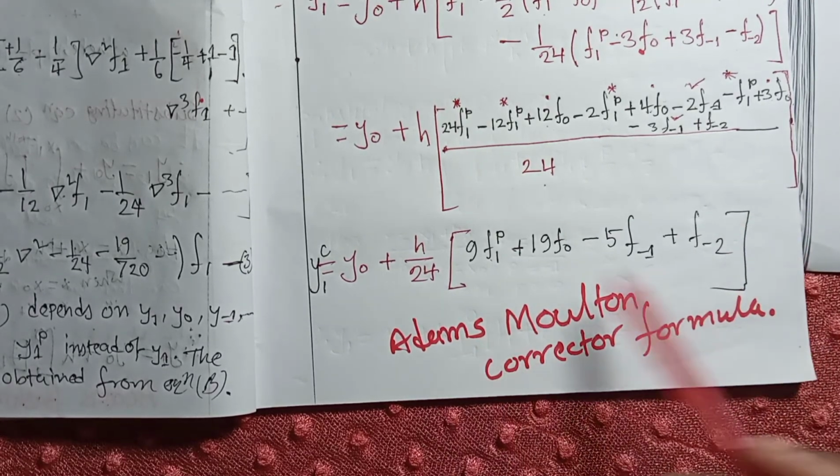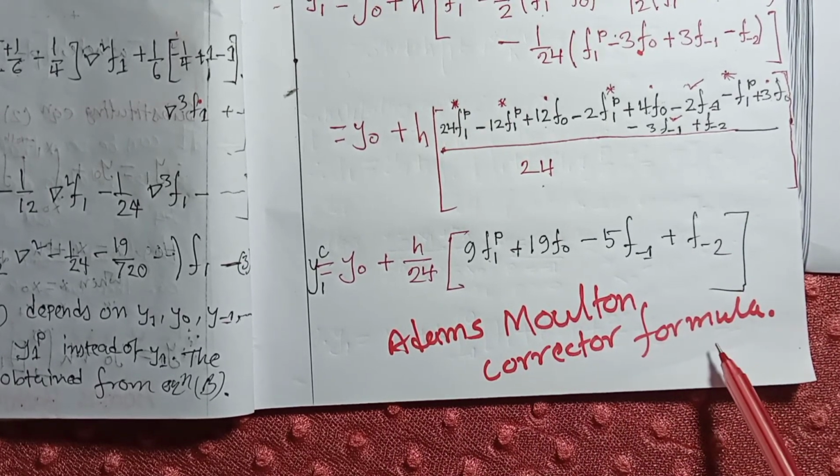That is called the Adams-Moulton corrector formula. That's it.